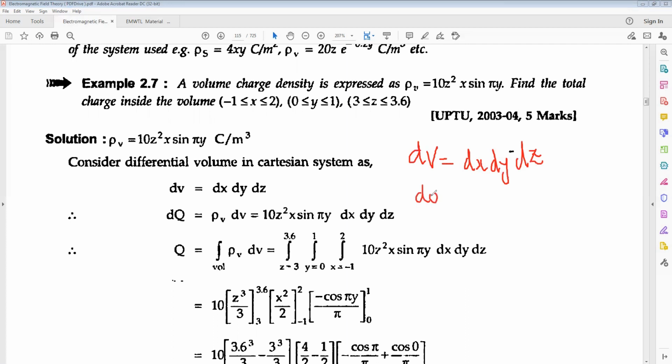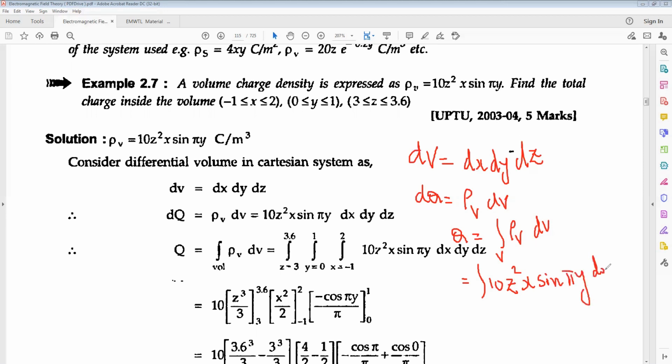And the relation between the charge and rho v into dv: Q is equal to the volume integral of rho v into dv, and rho v is given as 10z square x sine pi y, and dv is nothing but dx, dy, dz.